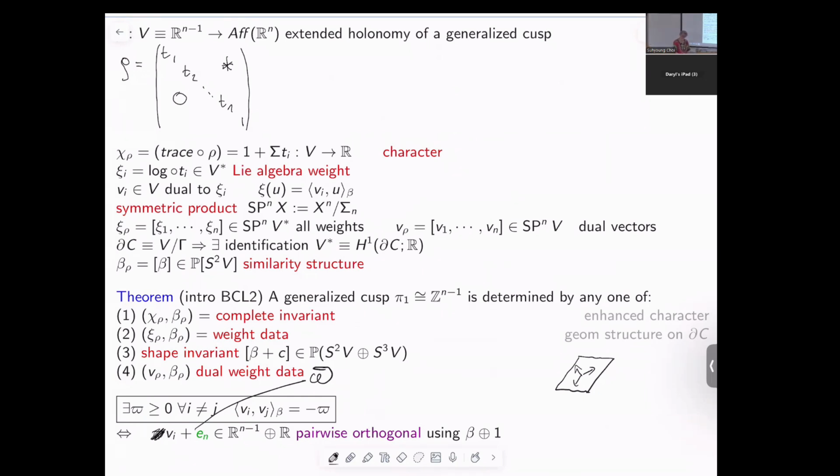This is somewhat reminiscent because it's saying that a generalized cusp is given by a quadratic differential and a cubic differential. Why you only have to take the cubic terms and not the higher order terms is a long computation, but it suffices that the cubic terms suffice. Does that answer your question?